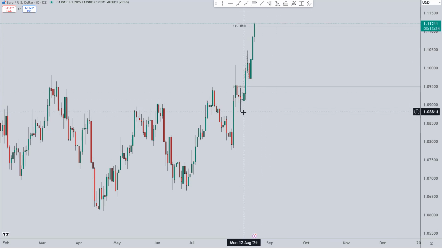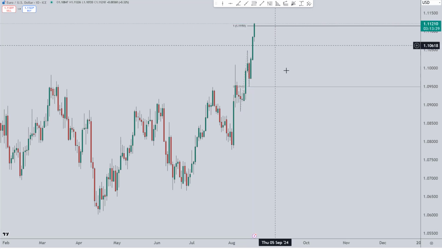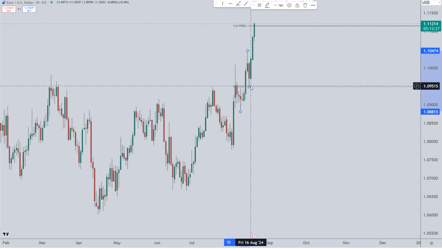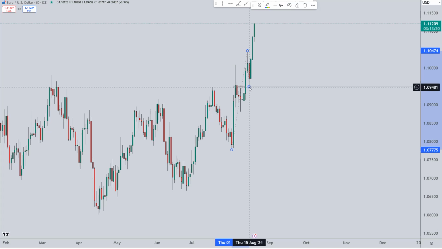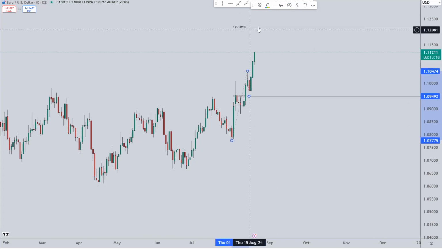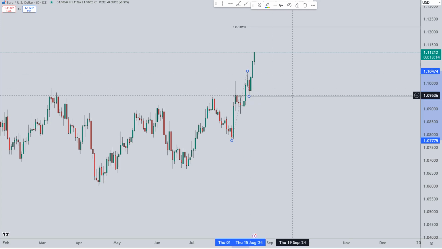See how that 1, 2, 3 gives us a price projection right here to about where we're at right now. That's the first level. We could also see that maybe coming down here, going up, it gives us a price projection that's way up here. So there are different possibilities just using 1, 2, 3 patterns.